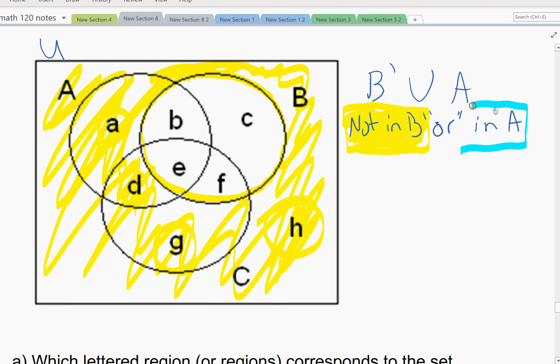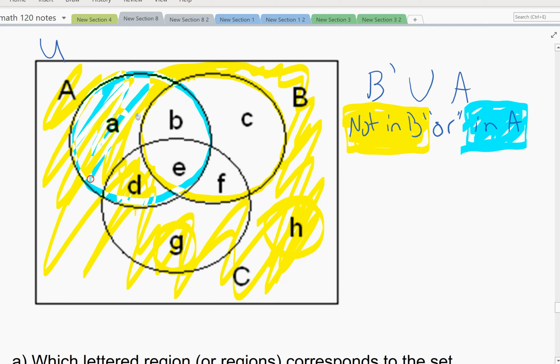Then I'm going to use blue to highlight everything in circle A. Circle A is this circle, and it would include everything here. So all of that in blue is my circle A. Now, or, remember, is all inclusive. I can be in the yellow regions or the blue regions.